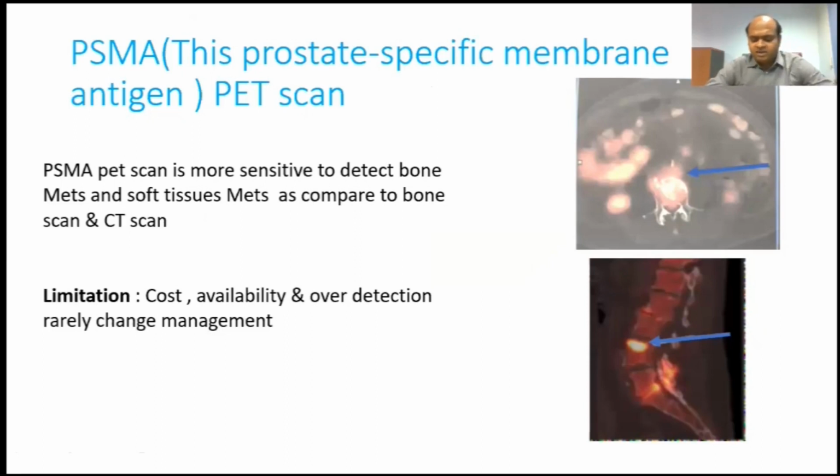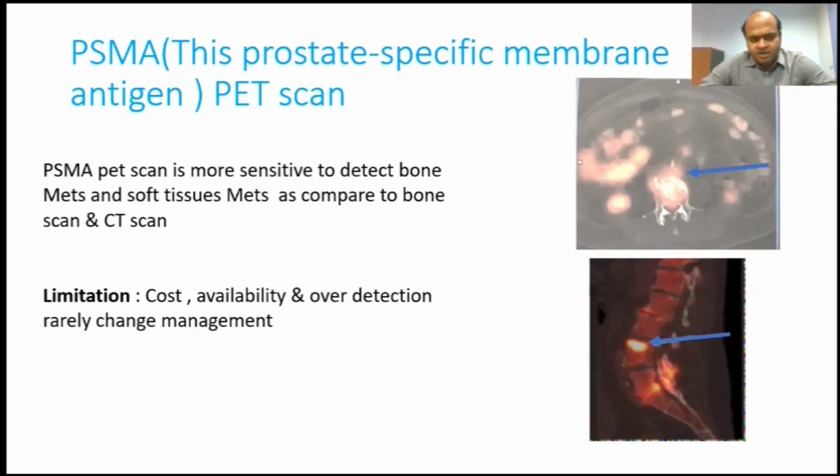It is more costly, and it is not widely available, though it is available in our center, and probably in Lucknow we are the only center doing PSMA PET scan. And since it is more sensitive, it sometimes detects more soft tissue or bone metastasis, which probably does not have any impact on the management plan.